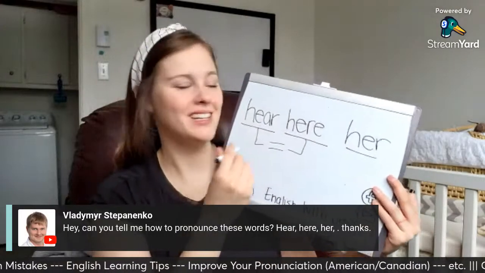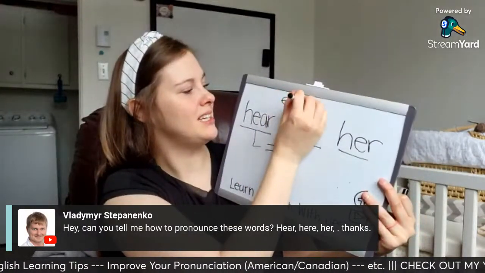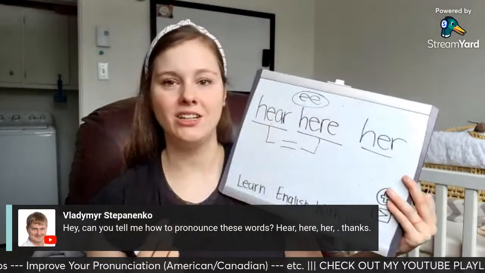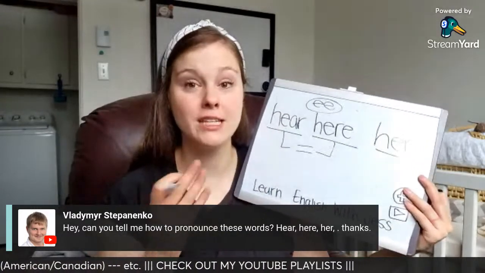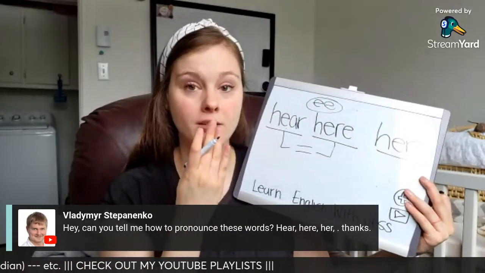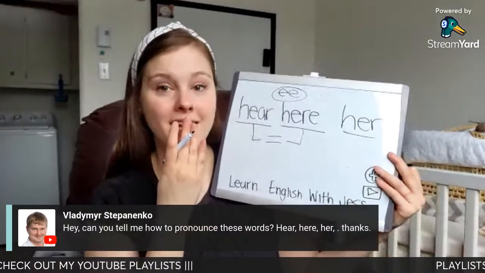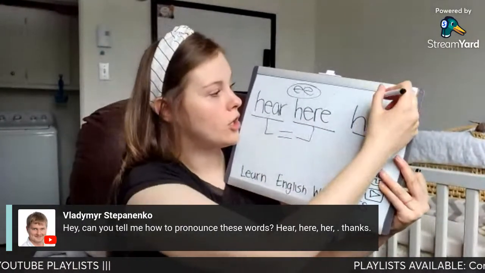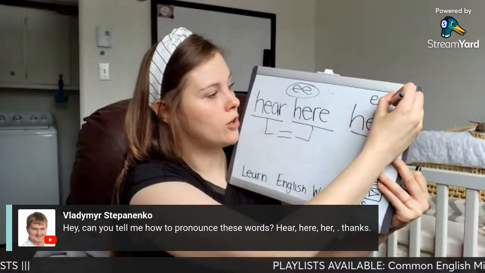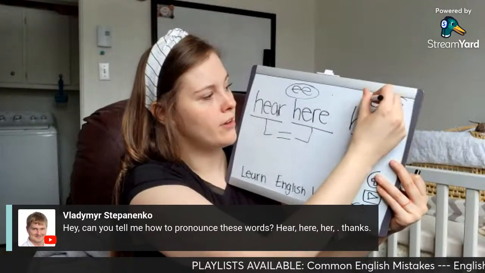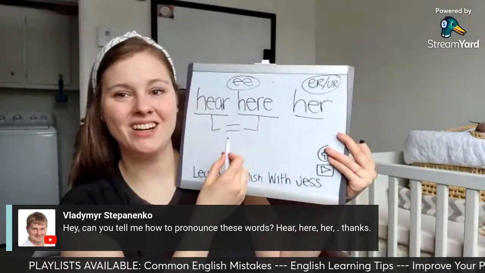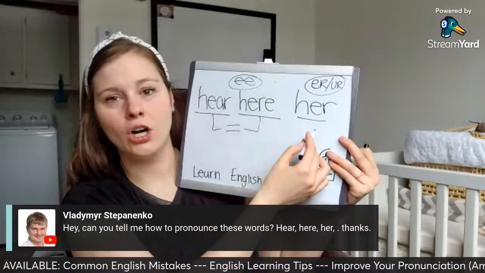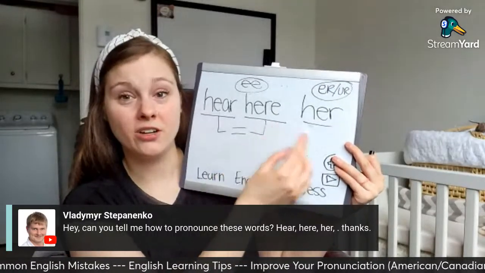So here, it's kind of like the E, ear. And if French is your first language, you want to feel air here. And then her is like, I'm trying to find a way to make it easy to see. So here, her. Do you hear her?